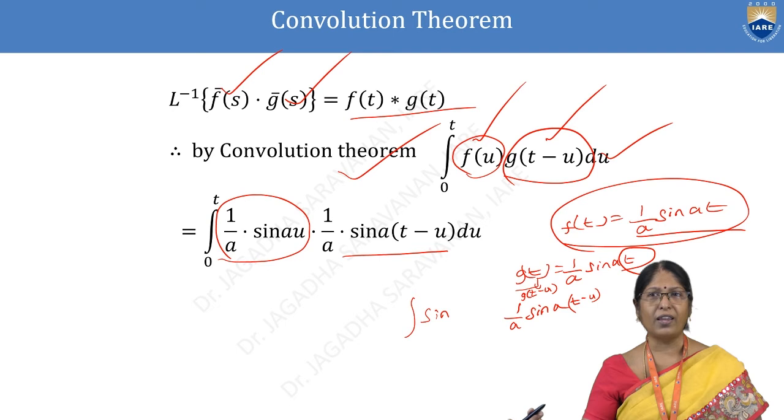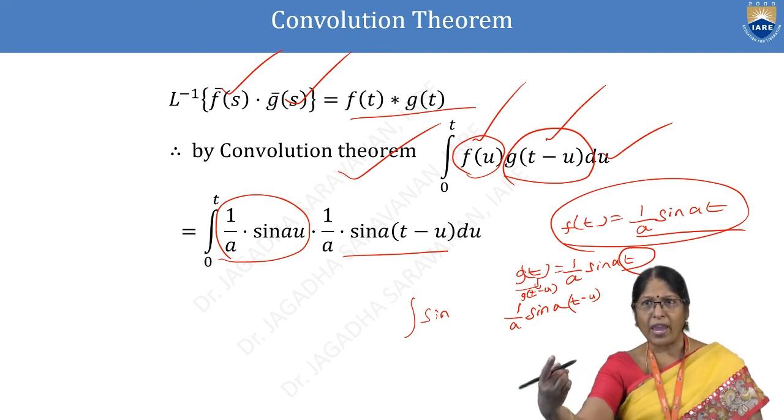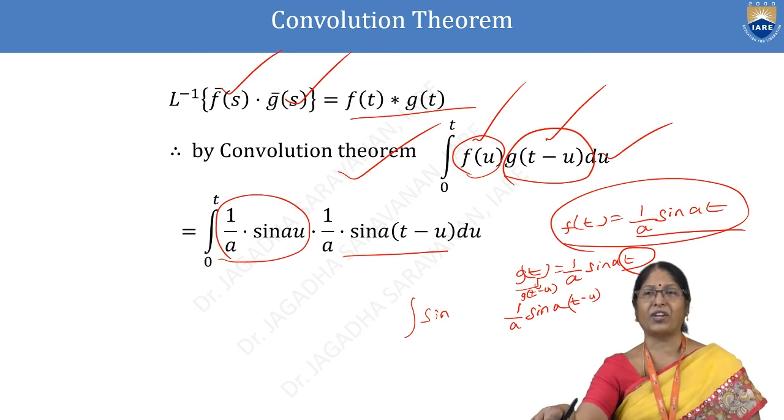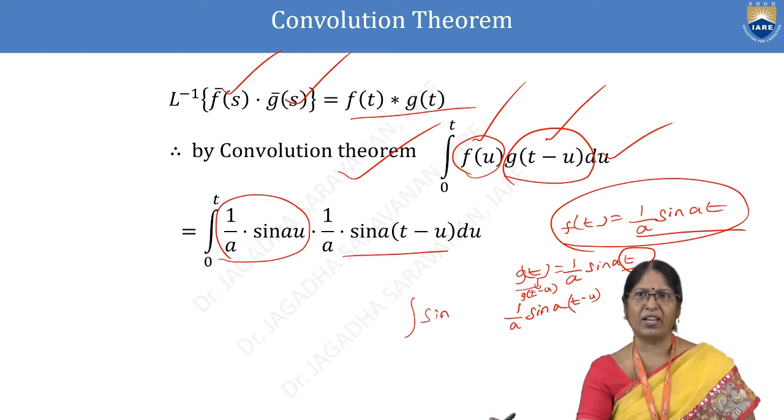Is there any relevant trigonometric formula which makes our integration very easy? If we keep the same, we can't reach the result. We will make the problem more complicated, and confusion will come.